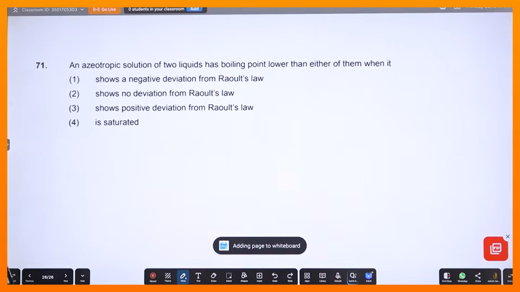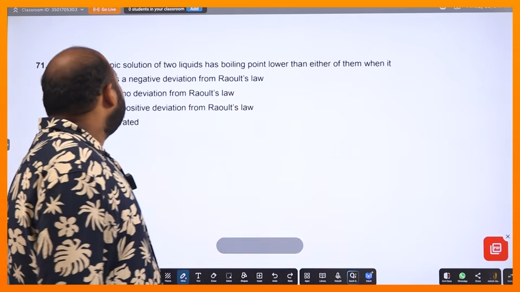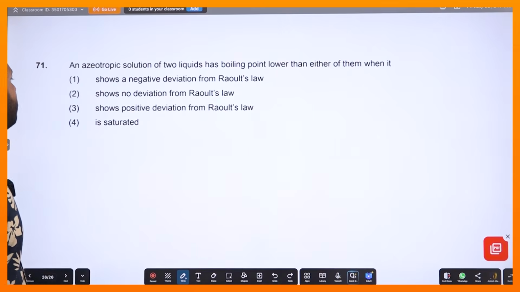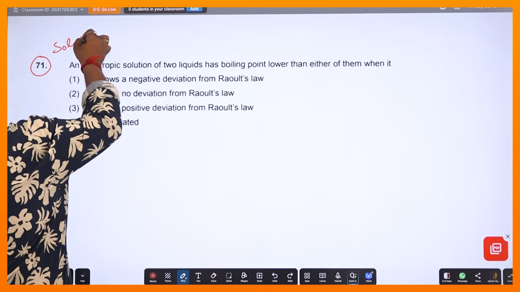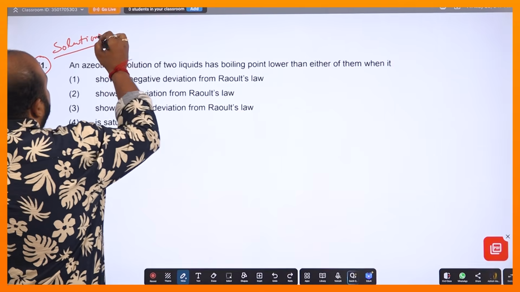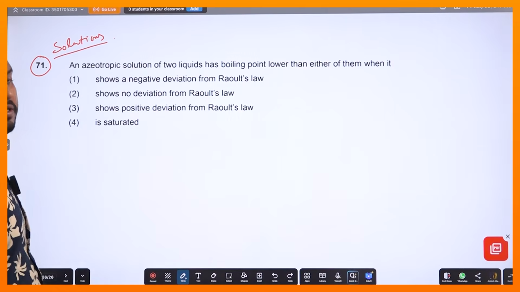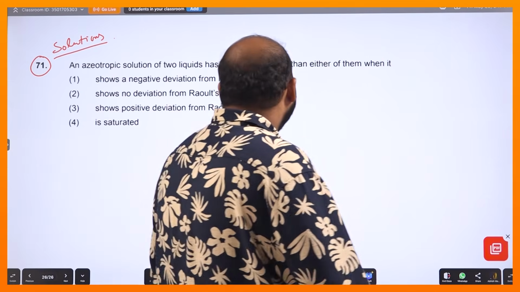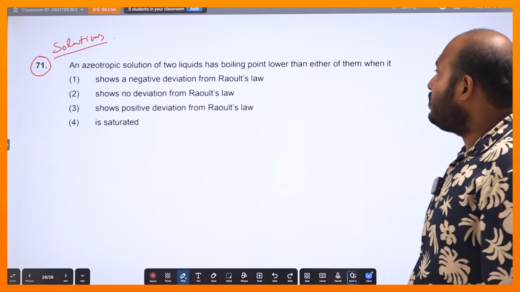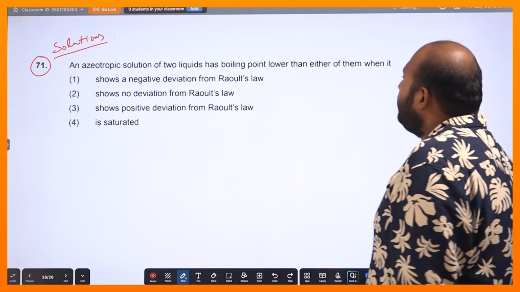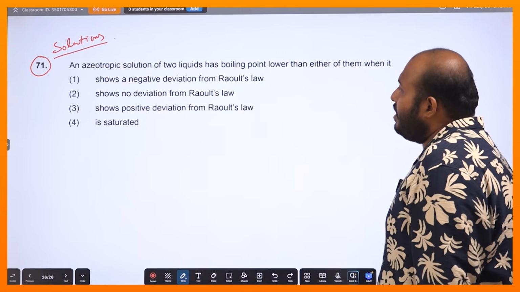So let us move to the next question. This question is from the chapter solutions. It is asking an azeotropic solution of two liquids has boiling point lower than either of them when it.